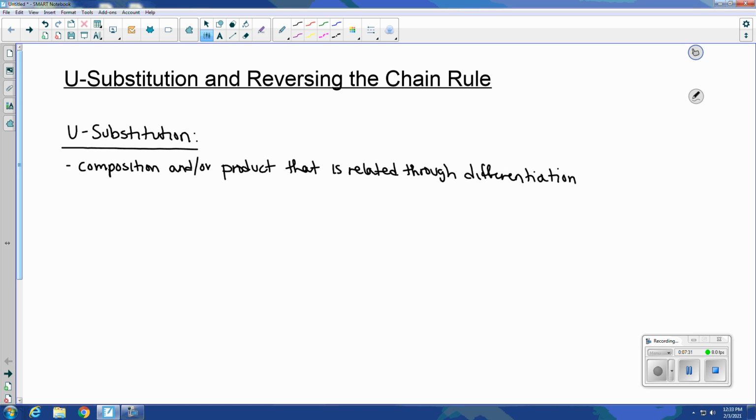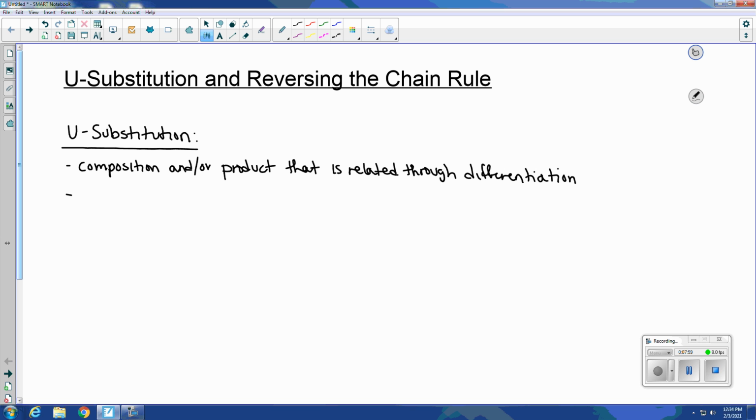And once we think we're looking at function composition or a product of two functions that look to be related through differentiation, there's a good chance that u substitution can help you evaluate the integral. Now, if we have a product of two functions that are unrelated through differentiation, another technique is likely necessary. So let's stick to products that are related through differentiation to illustrate how to use u substitution.